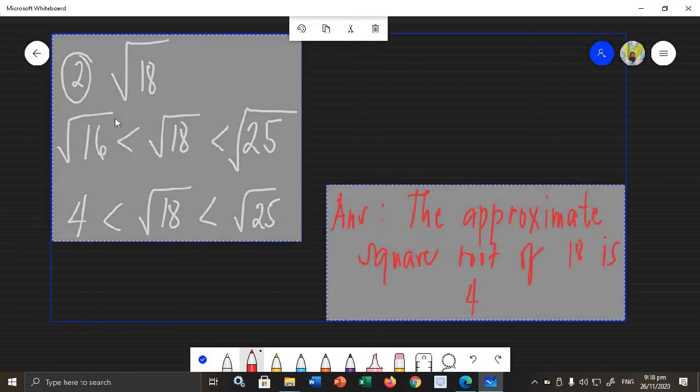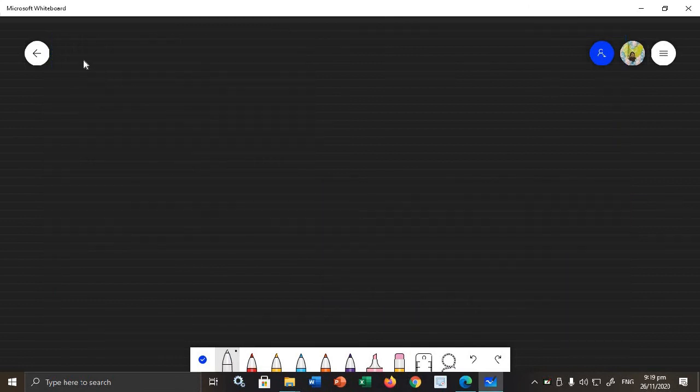And then, let's say I have the last example and we will solve for the approximate square root of that irrational number. Let's say I have square root of 131. So this is an irrational number.